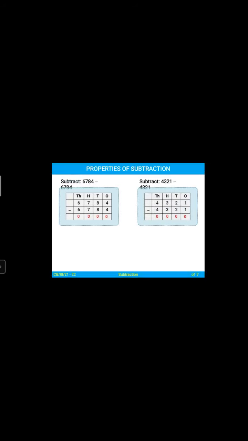4321 minus 4321, here you will see 1 minus 1 is 0, 2 minus 2 is 0, 3 minus 3 is 0, 4 minus 4 is 0. So what is the first property of subtraction? When a number is subtracted from itself, we get 0 as a difference. Difference means the answer.